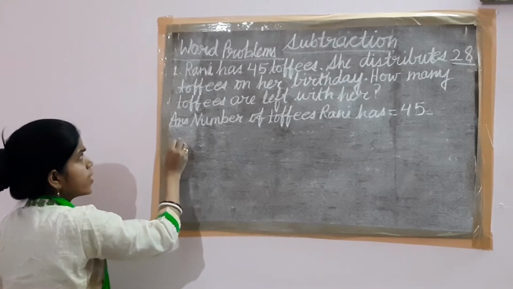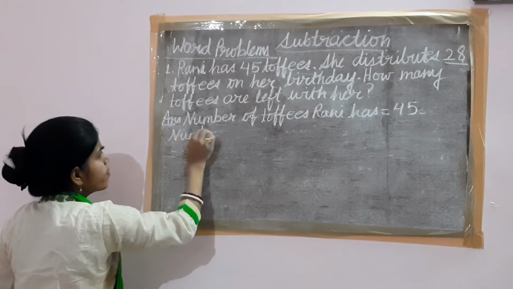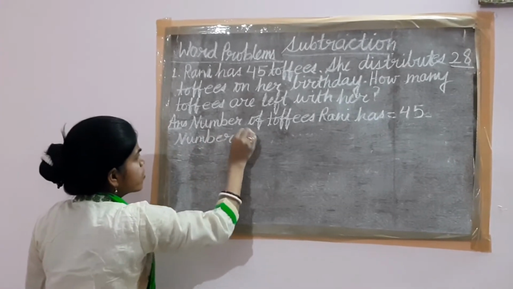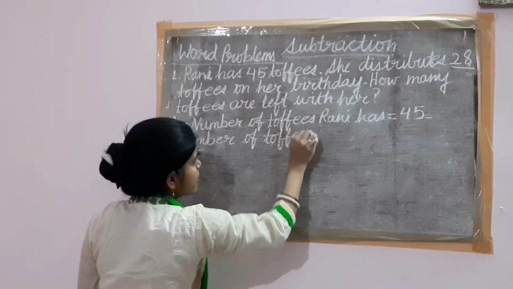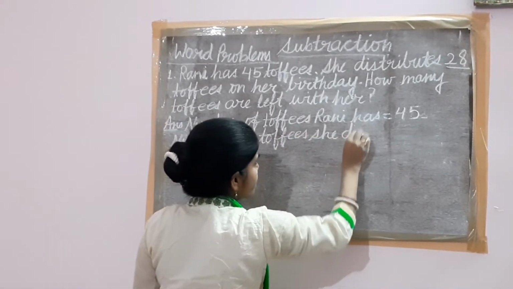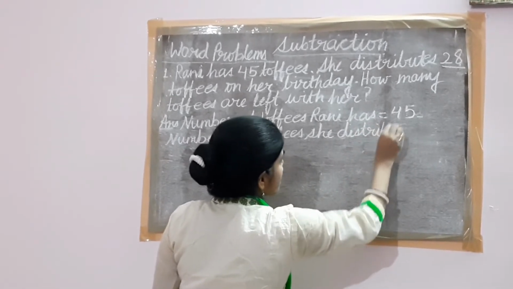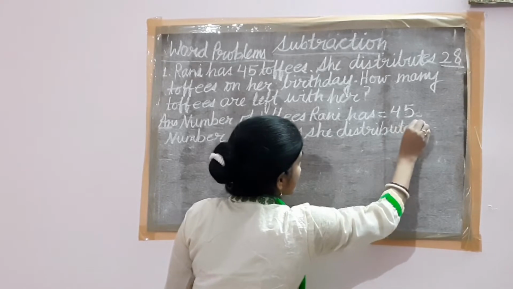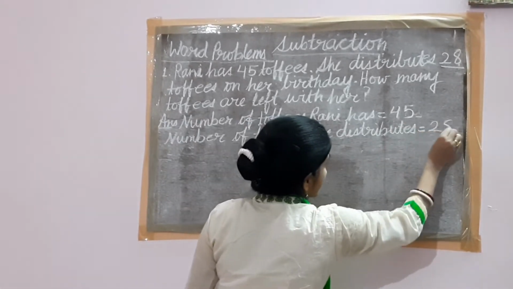Then I will also write here: number of toffees she distributes is equal to how many? 28.